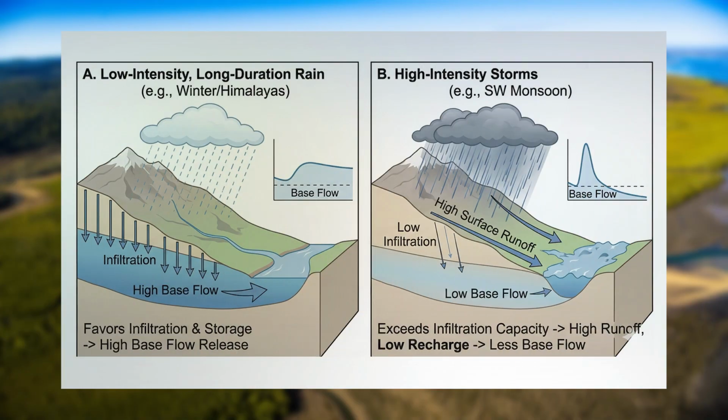Climate also impacts base flow. Type of rainfall, its intensity and duration affect the rate of recharge. Low intensity and long duration rainfall favors infiltration, that is stored in the aquifers and released as base flow. This occurs mainly in the Himalayas and during winter rains or retreating monsoons.